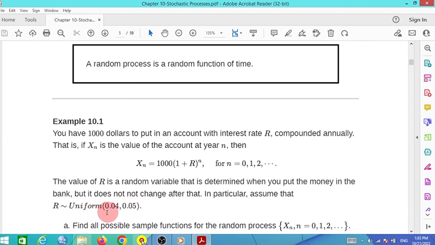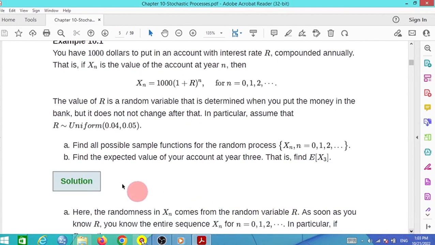For the uniform distribution, go back to the previous chapter and study its properties. A. Find all possible sample functions for this random process. Okay. B. Find the expected value of your account at year 3.